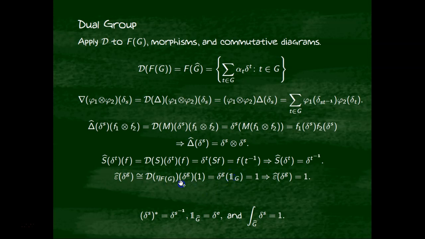The unit map of the algebra of functions is this indicator function on the whole group, and this will always give you 1, because this is saying evaluate this at little g, but of course this always gives you 1. This amounts to the co-unit on any of these elements being 1. These are all linear maps, so defining them on these basis elements is fine.